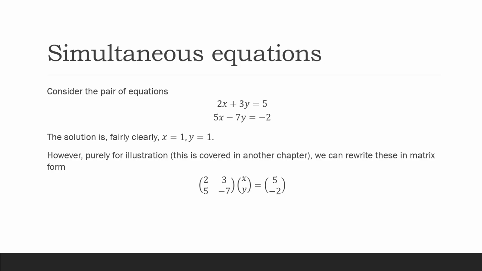And this makes sense because if we multiplied the left-hand side, we'd have 2x plus 3y in the first row equal to 5, and in the second row, 5x minus 7y equals minus 2. It's the same as those equations there. So what we have is A times X equals B. A is the matrix, X is the vector of the unknowns, and B is our solution, our known values.